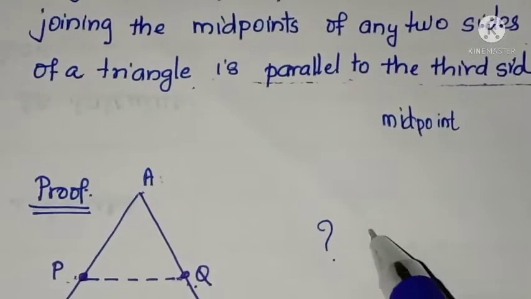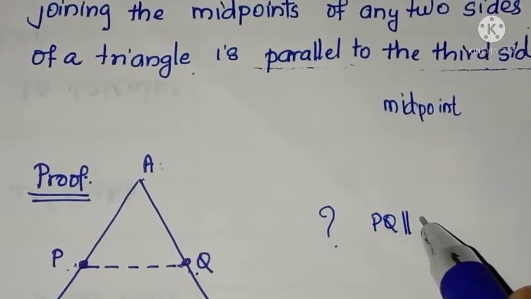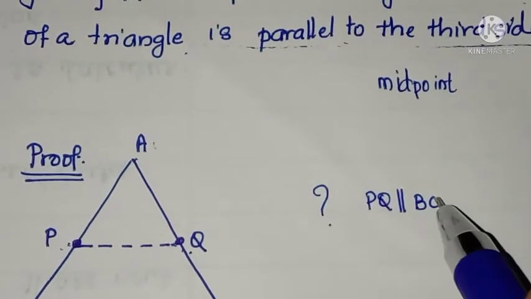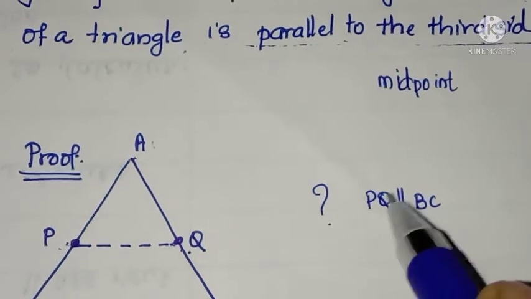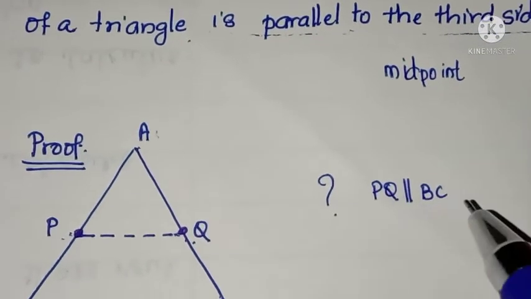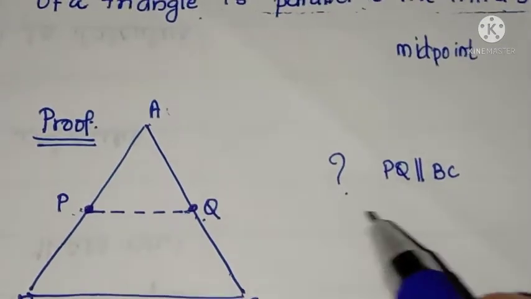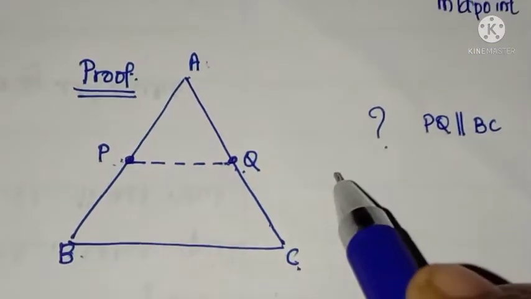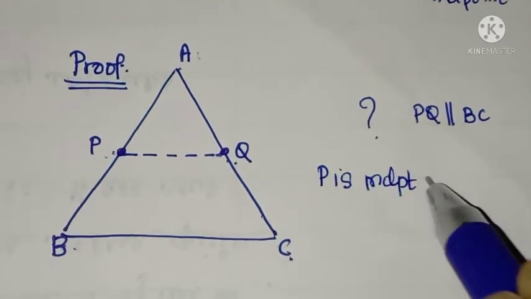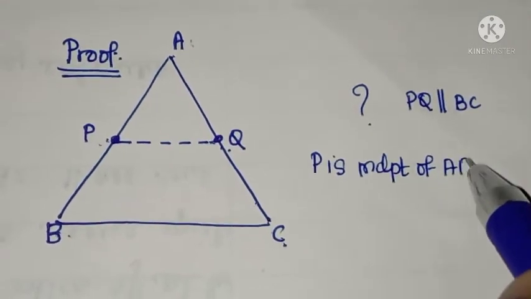To prove that lines are parallel, we use the converse of the basic proportionality theorem.